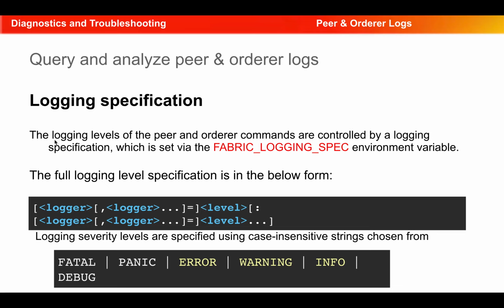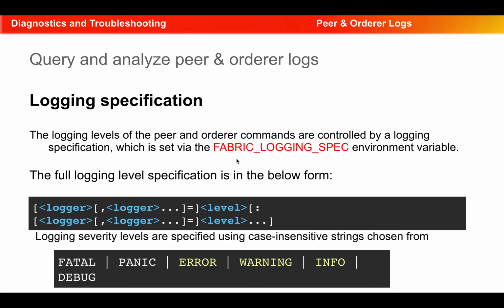As we said, there are different levels and severities, as we have seen in the last slide. So this is the logging specification that we can see. The logging level of the peer and orderer commands is controlled by the logging specification, which is set via an environment variable, FABRIC_LOGGING_SPEC, which you can see on this slide.